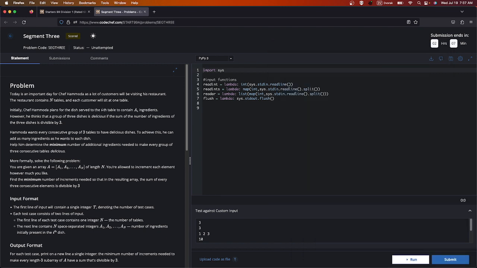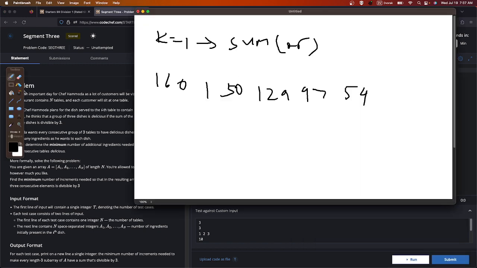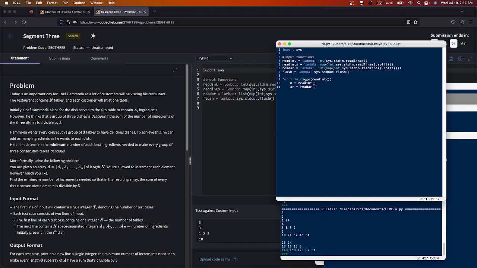Okay, so what I'm getting here is if we have an array, maybe use just here. If we have an array something like 1, 2, 3, 4, 5, then it will take 1, 2, 3, then 2, 3, 4, then 3, 4, 5.